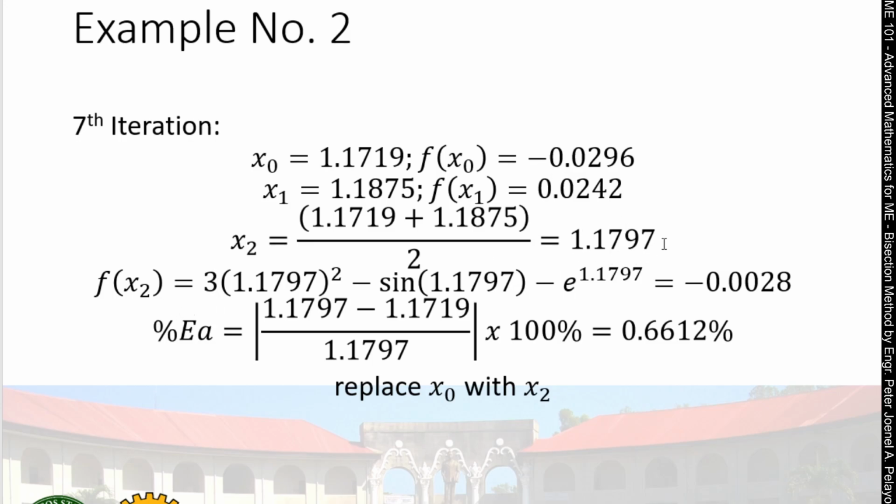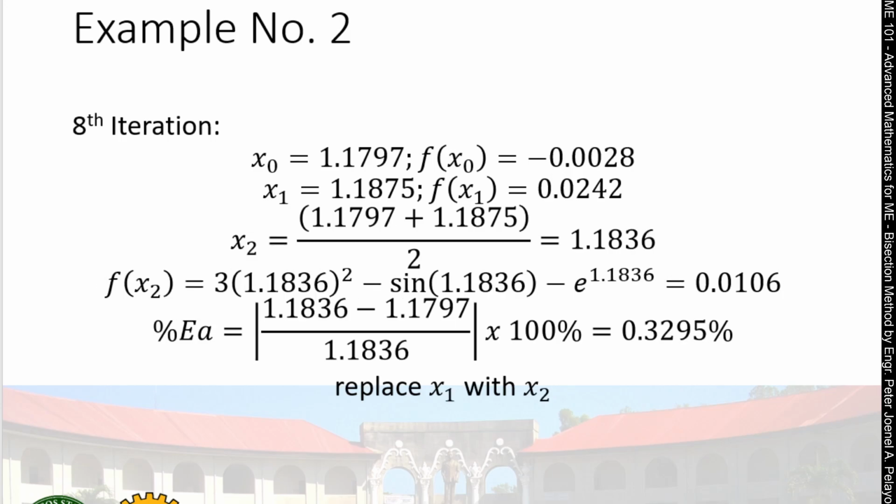So, sa substitute natin tong x2 to the function 3x squared minus sin x minus e raised to x, come up na ang f of x2 natin is negative 0.0028, and then percentage error, so present minus previous over present, times 100%, 0.6612%, and then negative yung f of x2 natin, replace x0 with x2.